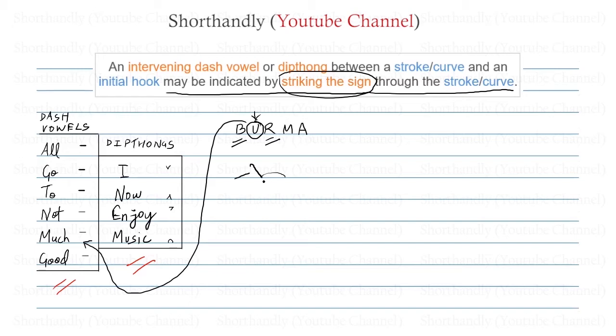Alright, so see, we made this B and R by combining the B stroke and the initial hook that represents our R consonant, and then we have this M, and then we also have the sound of A, which is a vowel, so that's why we put a heavy dot over here to represent the sound of the A vowel. But now we also have to represent this A vowel, and it says that it can be indicated by striking the sign. So striking the sign simply means that we can put a stick like this in the middle.